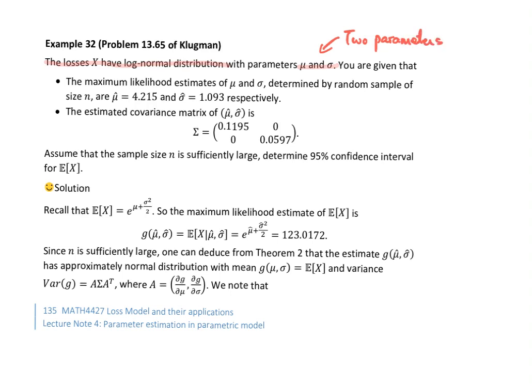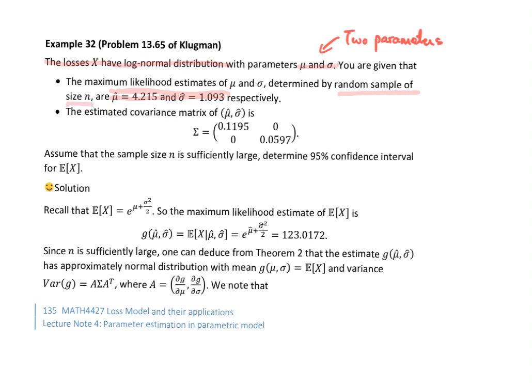Now let's suppose that the MLE of mu and sigma are mu hat equal to 4.215 and sigma hat equal to 1.093, which are the numbers that we obtain by considering a random sample of size n.